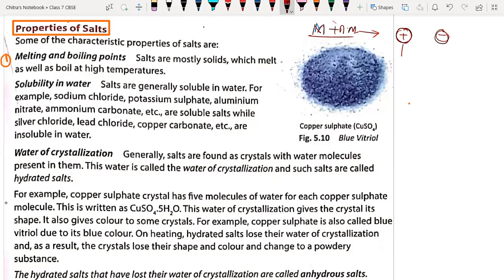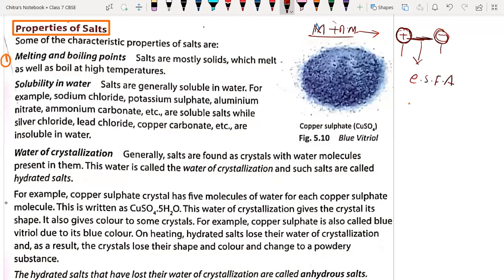These are called ions. Due to opposite charges, they have a very strong force of attraction between them. That strong force of attraction is called electrostatic force of attraction.